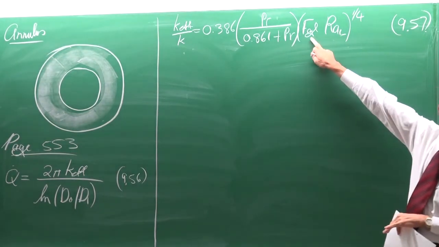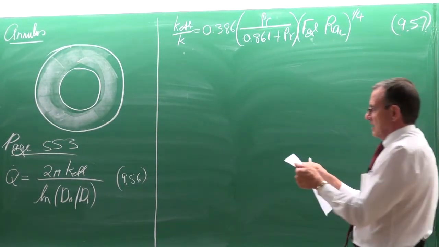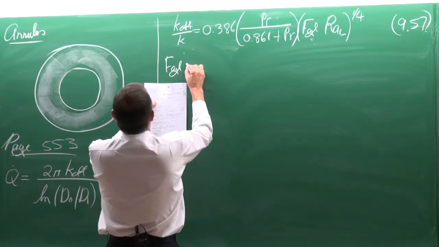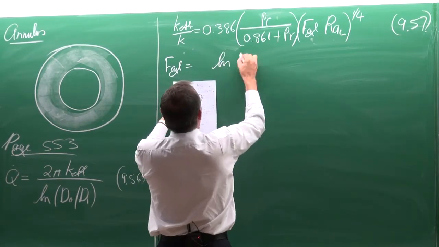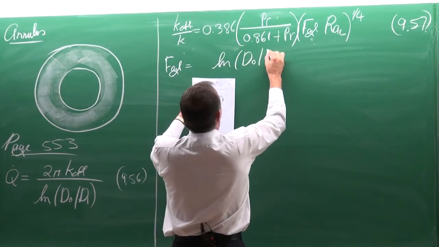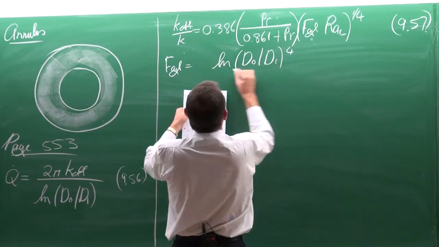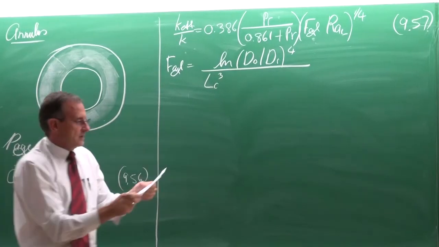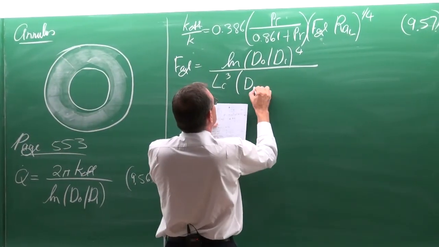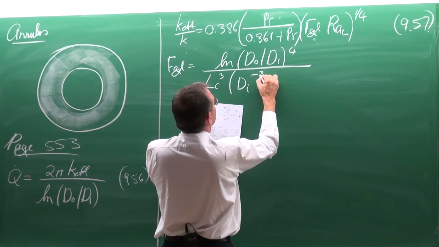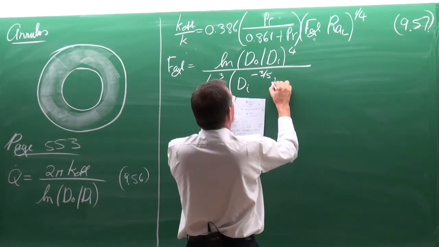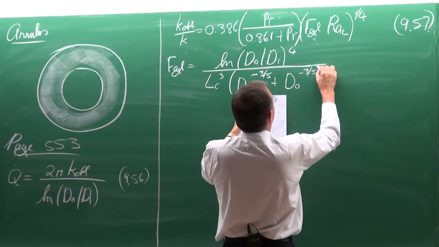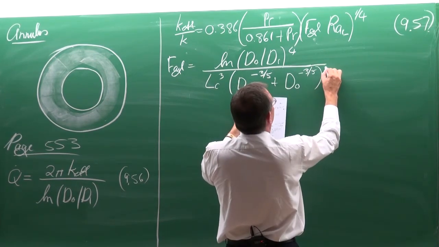Now here's something new, F cylinder. F cylinder is also given in your textbook, and it is given as the natural log of the ratio of the diameters to the fourth, divided by Lc to the third, divided by the inner diameter to the minus 3 divided by 5 plus the outer diameter to the minus 3 divided by 5, and everything to the fifth.